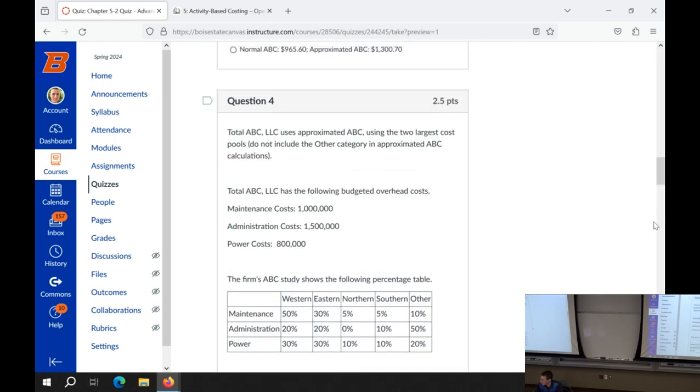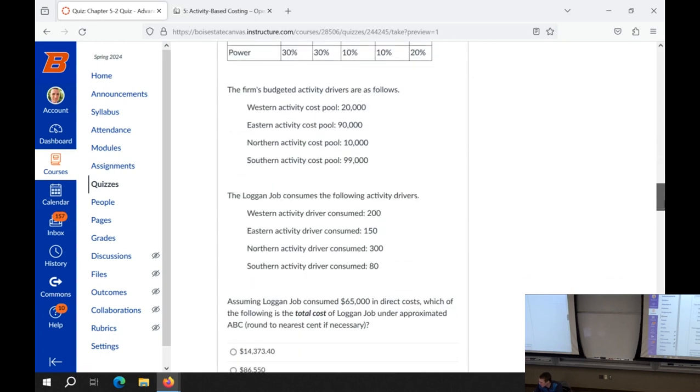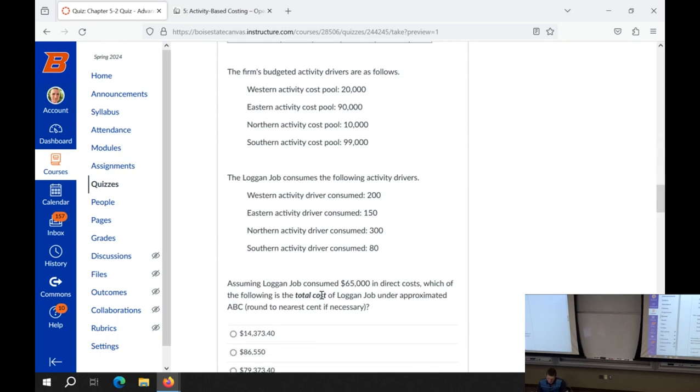So this is a more comprehensive question because it's asking us, all right, let's step back for a second. We're back in chapter 5. We have a first stage allocation. We get activity rates, second stage allocation. And with approximated ABC in advance, we're doing first stage allocation, and then we're letting the activity cost pools, the big ones, eat the little ones, and then doing activity rates and multiplying for second stage allocation.